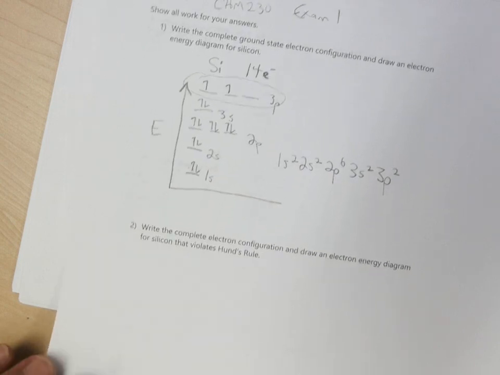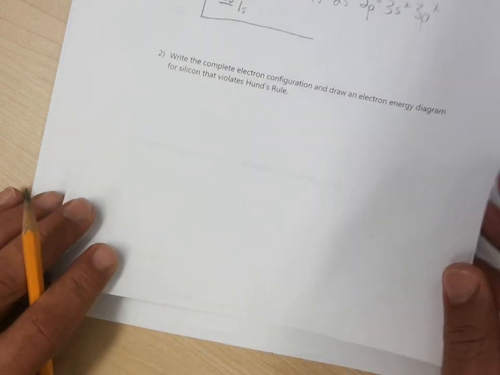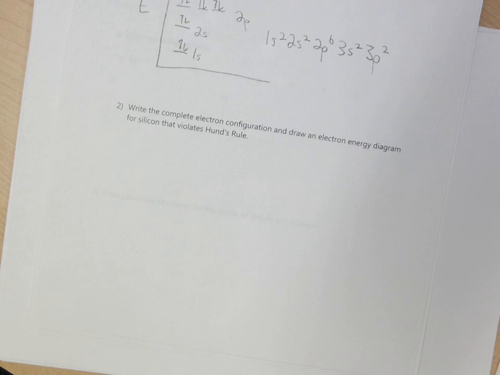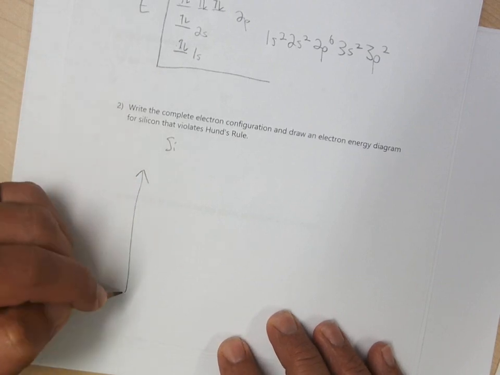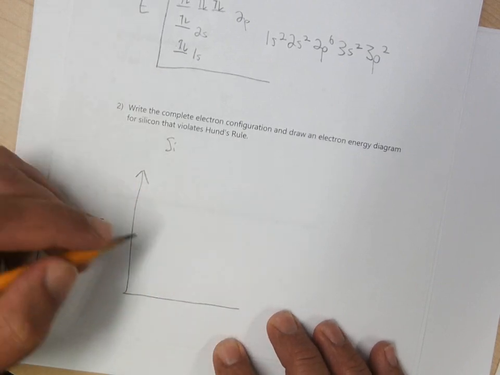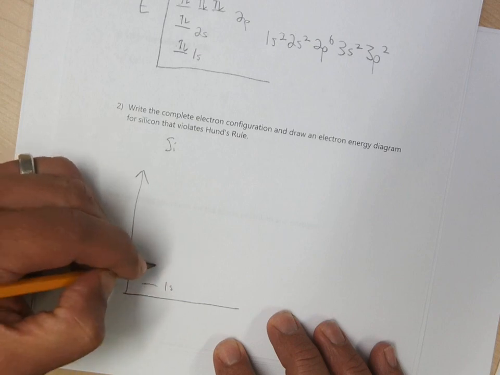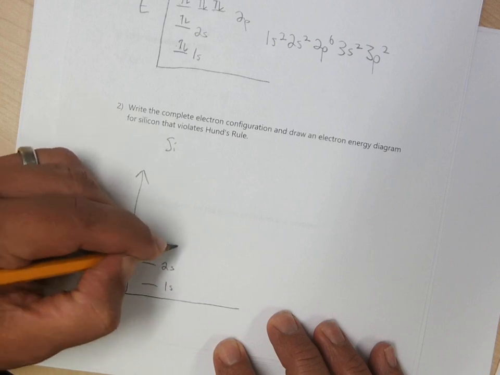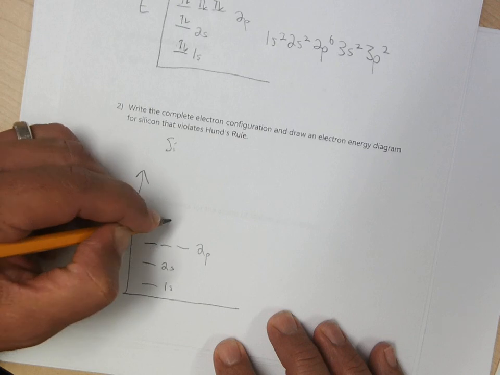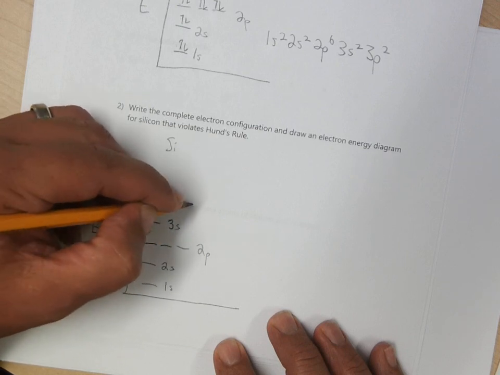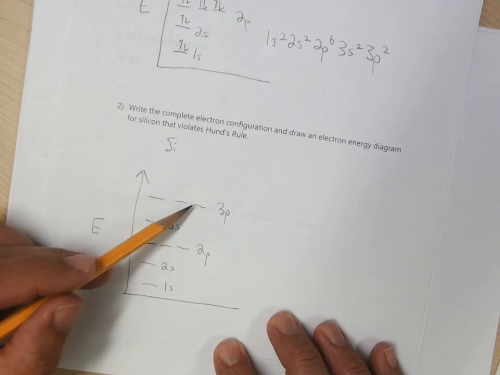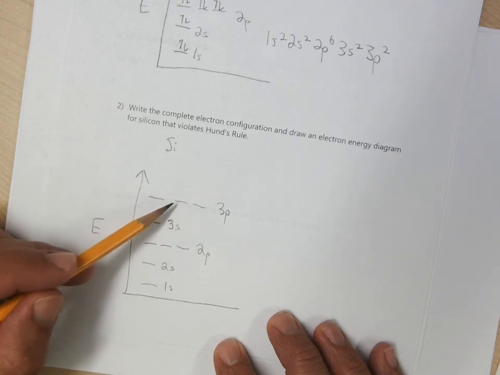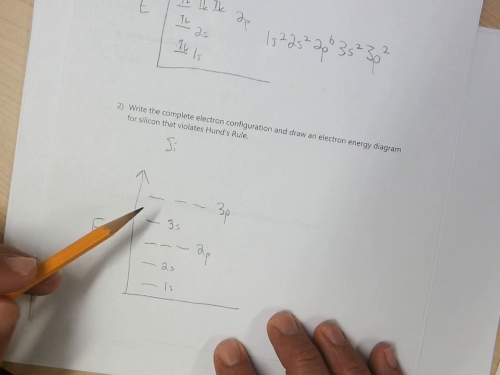And that goes into the next problem where it says write the complete electron configuration and draw an electron energy diagram for silicon that violates Hund's rule. So this is going to look almost the same. And if you know Hund's rule of maximum multiplicity, that's if filling orbitals of the same energy, you're going to put electrons in different orbitals with the same spin first.